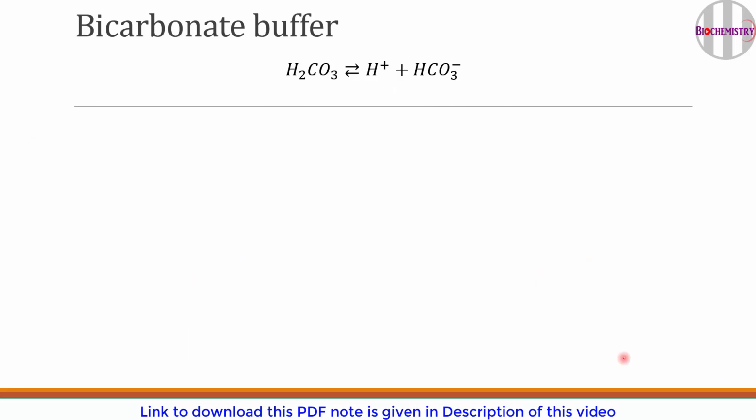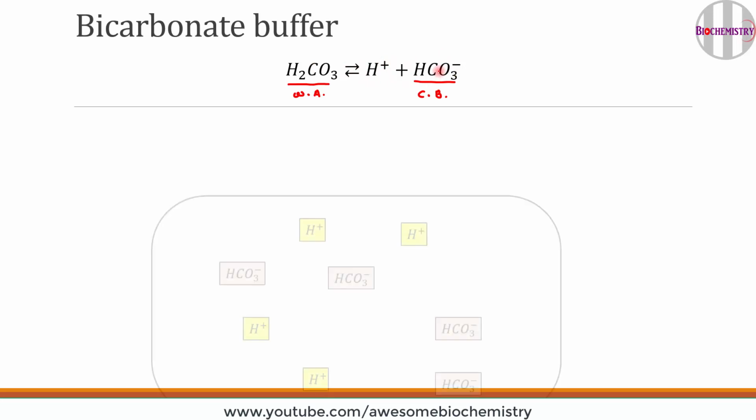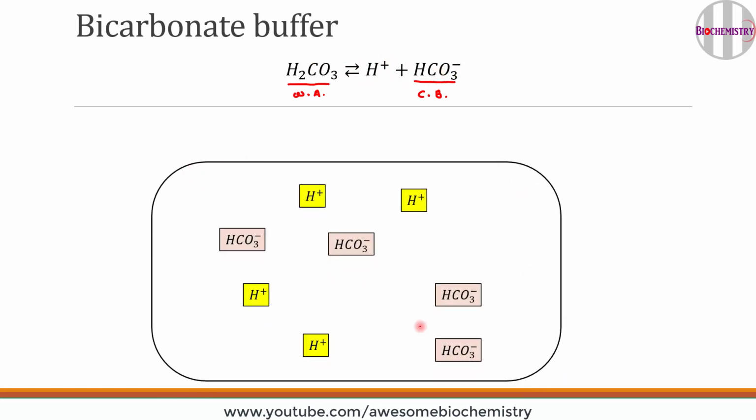So let's first start with the bicarbonate buffer. Here the bicarbonate buffer system consists of a weak acid, that is carbonic acid, and bicarbonate ion, that is the conjugate base, right? This carbonic acid is partially dissociated into H plus and bicarbonate ion. Now this square indicates a bicarbonate buffer system.